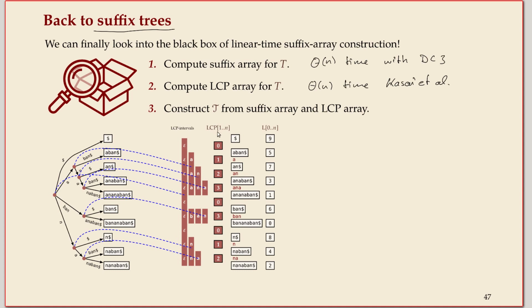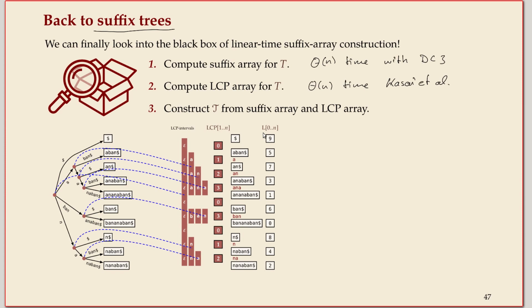If you have the LCP array and the suffixes and the text, you can figure out what these intervals are, and that gives you directly the nodes, and it also gives you the labels of the edges, so you can construct the tree from those. There's also an algorithm that's fairly straightforward to write down, but I think for this module, it's enough to stop at the conceptual level. If you have those two things, you can figure out how to compute the suffix tree.